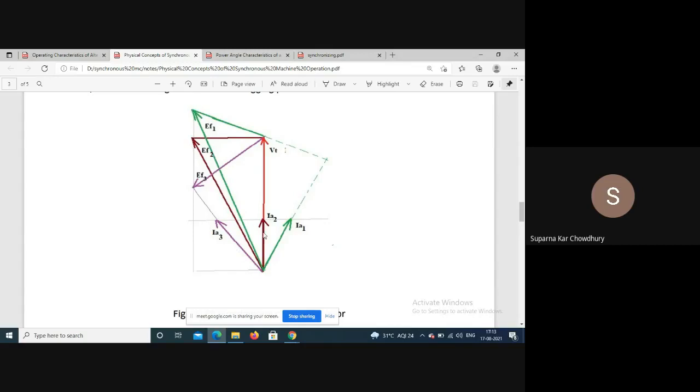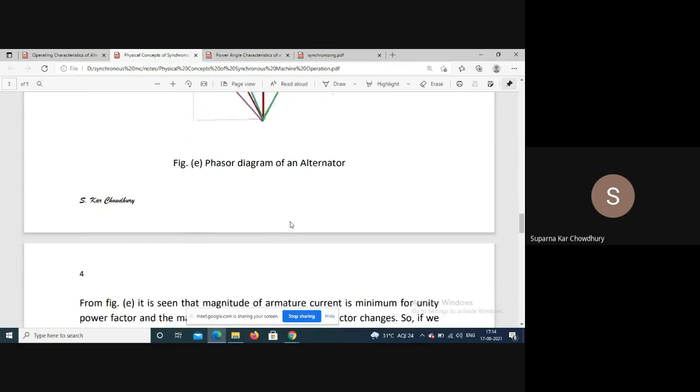This component should remain constant. So from here you can see that if we plot the excitation field current versus the armature current, the armature current is minimum for unity power factor and increases on both sides as the power factor changes.